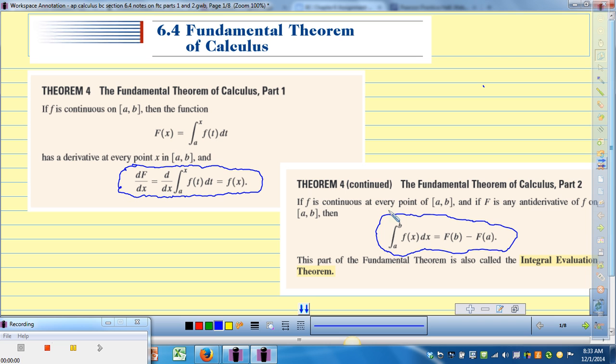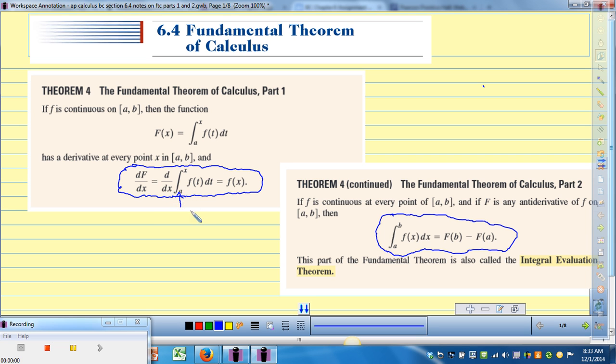Okay, so it's interesting, in some books they refer to this as Fundamental Theorem Part 1 and this is Part 2, depending on which proof they use to lead them to these theorems. If we look at Fundamental Theorem Part 1, this is what you were working with in your lab, and we are taking the derivative with respect to x of some integral from a constant.